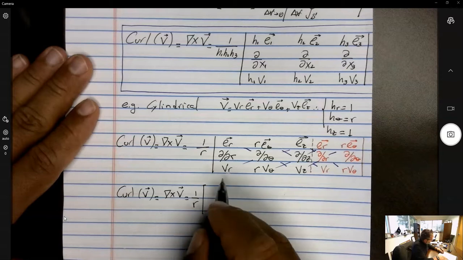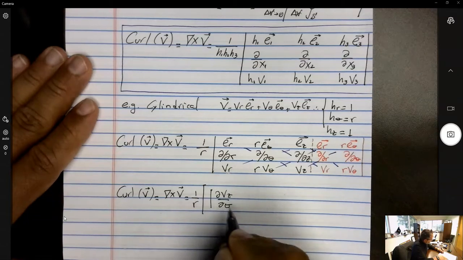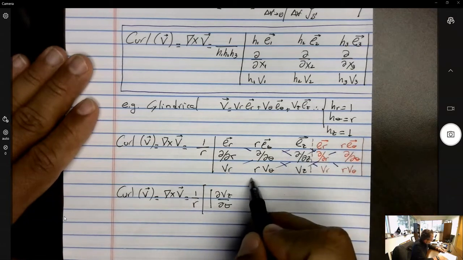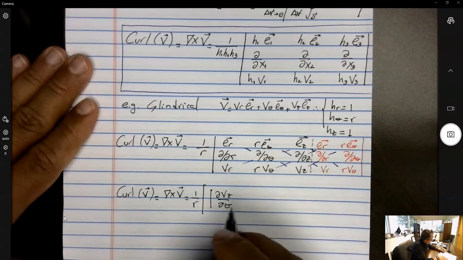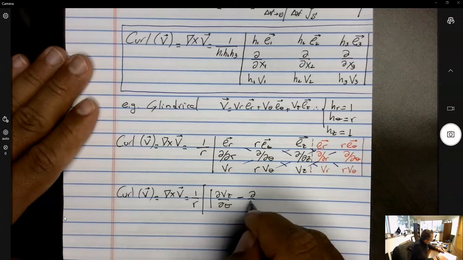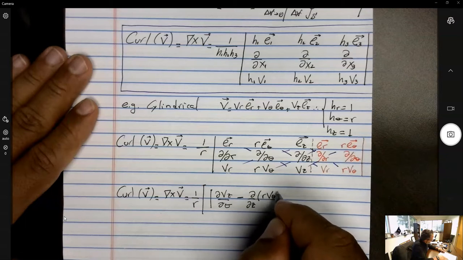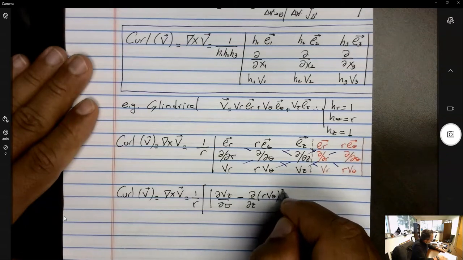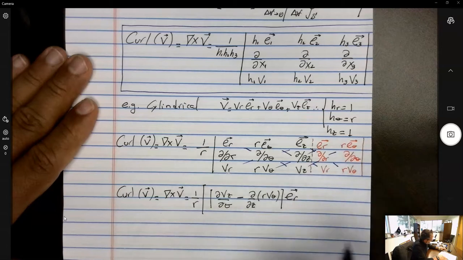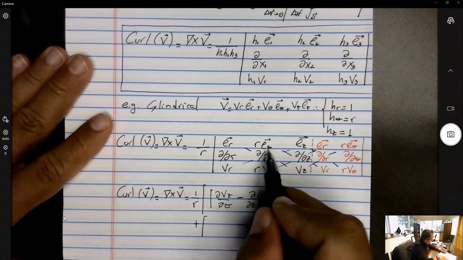This will be another bracket, dvz/d theta, and in the r direction, minus d/dz of r v theta. And then plus, let's look at the theta direction.